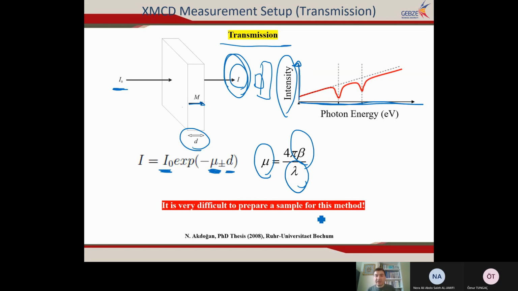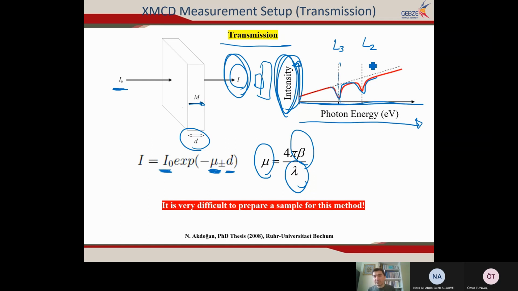So this is the L3 energy of some element, and this is the L2 energy for the same element, and we scan the photon energy. So what do you see here? Around the L3 and L2 energies, photon intensity drops.